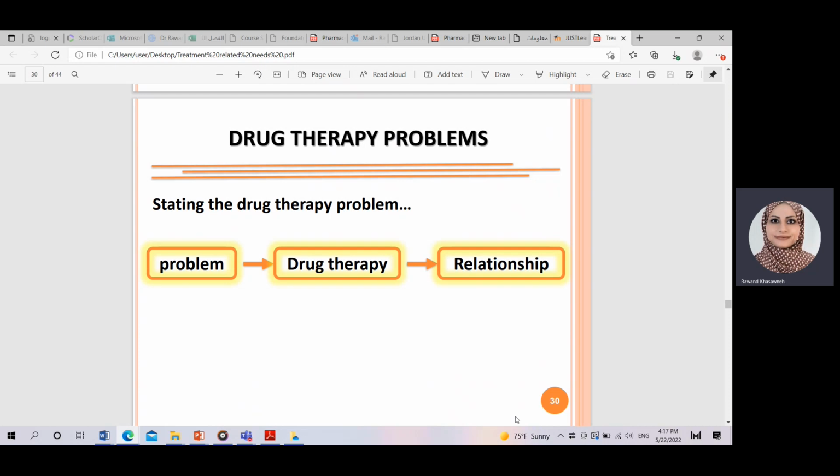So in medication errors, we focus on the 5 rights: the correct drug, dose, route, frequency, and duration of the medications, while DTPs are broader terms that include different categories as discussed in the previous slides.